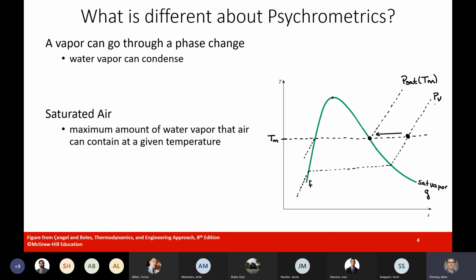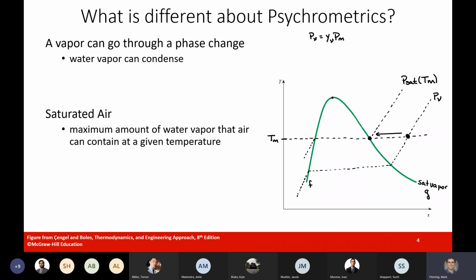Well, we have P sub V that is going to change. And so let's think back to this. We said P sub V is equal to the mole fraction of our vapor times the total pressure of our mixture. And if we're thinking about this in terms of atmospheric science, if we're putting a little bit of water into the air, the pressure really doesn't change that much.